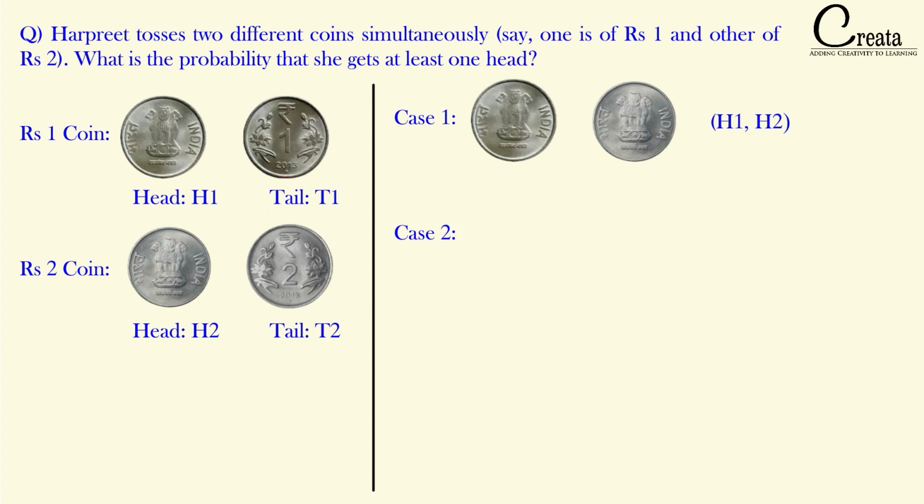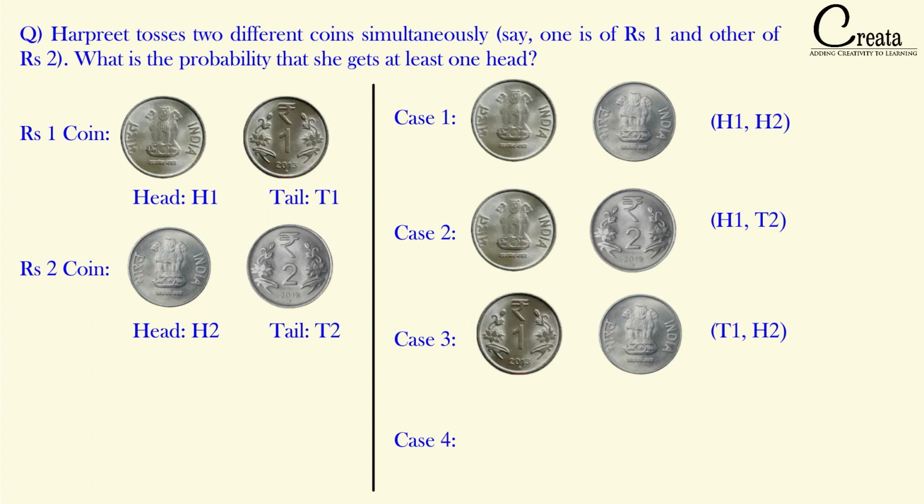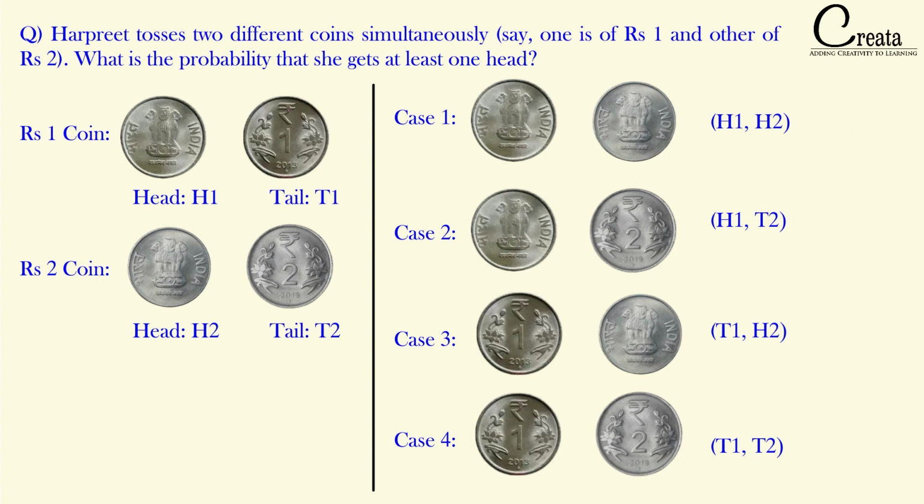In scenario 2, Harpreet is getting head in the first coin and tail in the second coin. In the third scenario, she is getting tail in the first coin and head in the second coin. In the fourth case, she is getting tail in the first and also tail in the second coin. So we can get a total of 4 scenarios or 4 outputs by tossing the two coins.